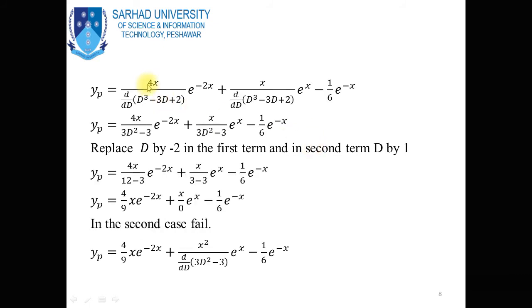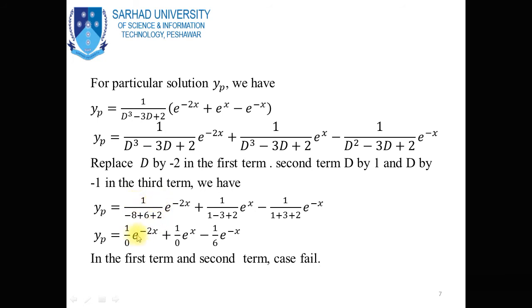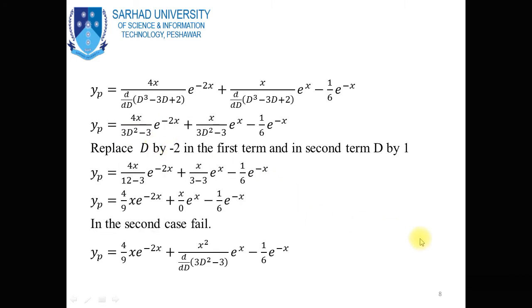Actually, the derivative of this operator is 3D square minus 3. So the derivative of the operator in the denominator is 3D square minus 3, and the derivative of 2 is 0, and write x out of this exponential function.